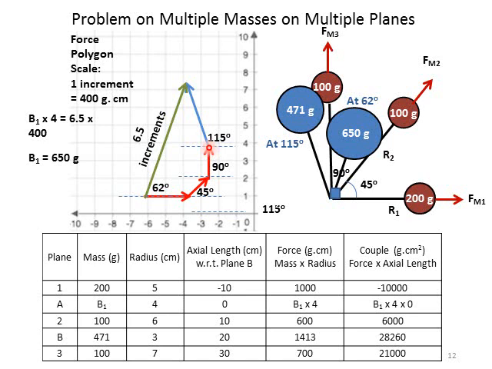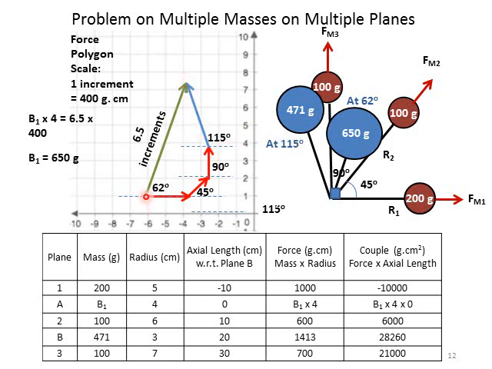The last one is the force FB2, which is the product of mass B2, which is 471, calculated from the couple polygon, multiplied by the radial distance 3. We will get the final 1413. So we have to move magnitude 1413 according to the scale, at an angle of 115, so we get it here.